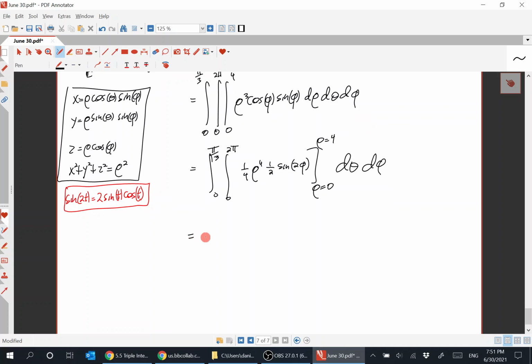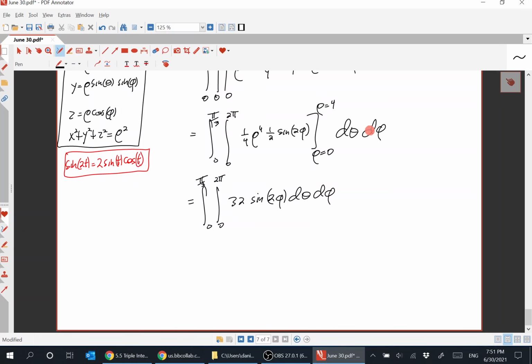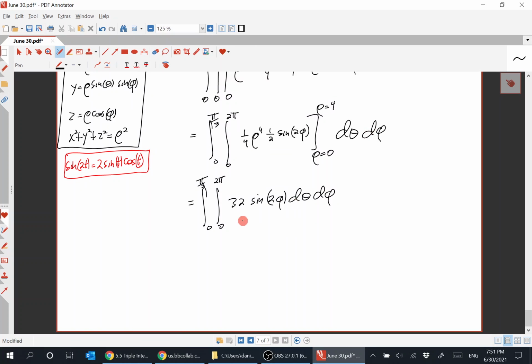Okay, so at 4, this is 4 to the 4th, so 4 to the 3rd is 64, which gives us 32 sine 2 phi d theta d phi. There's no thetas, it's all just a constant with regard to theta, so we just get 2 pi again.